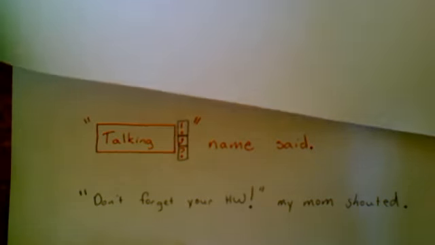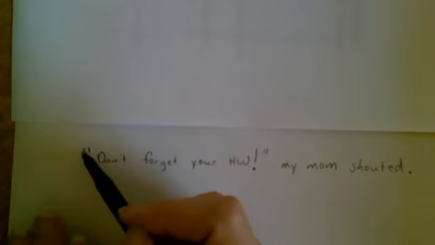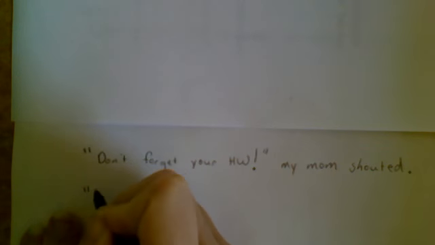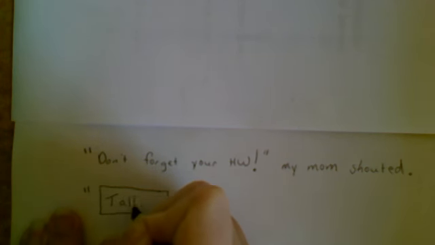And so you can just find a quotation anywhere in a book and you can recreate it. So go ahead and take a look at this. You go, okay, quotation, that's my talking, with my capital T. And then you go on over here, write exclamation.